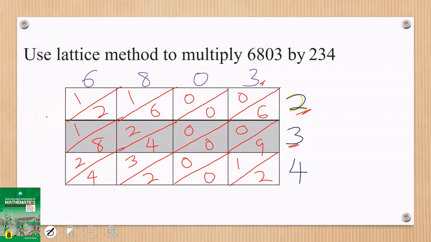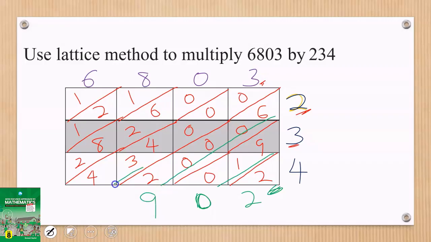So we do our summation from down here. Always we start from the last point here. So here we're going to have 2. Only 2 is there. Then we add diagonally like this, and that will give us 10. So 0 remainder 1. Then in this direction we have 8 plus 1, so 9.